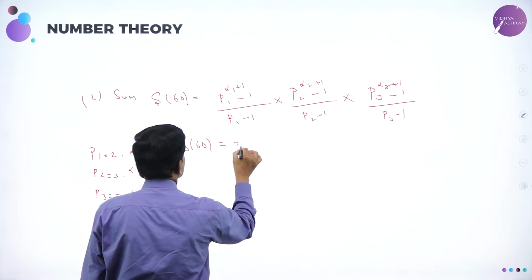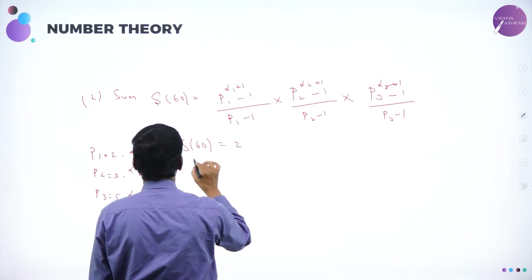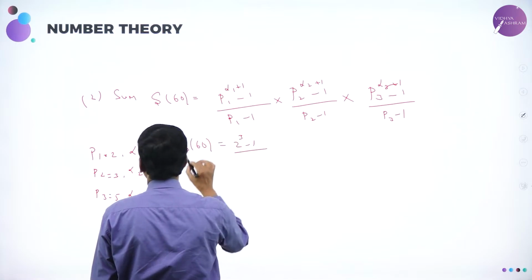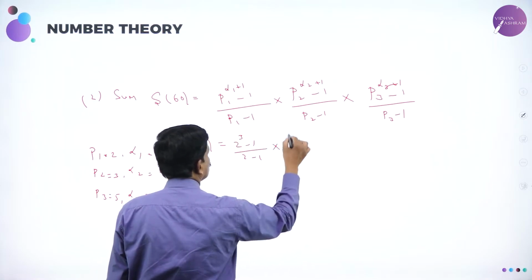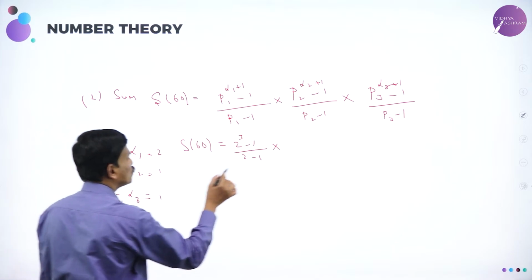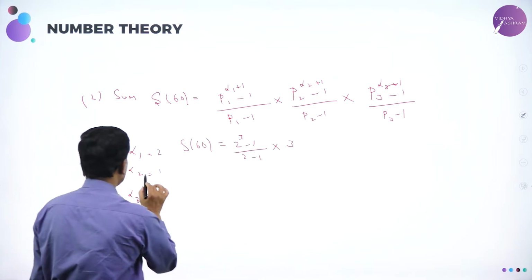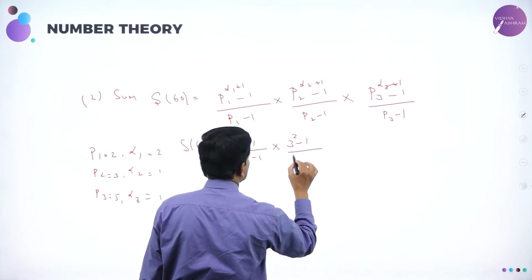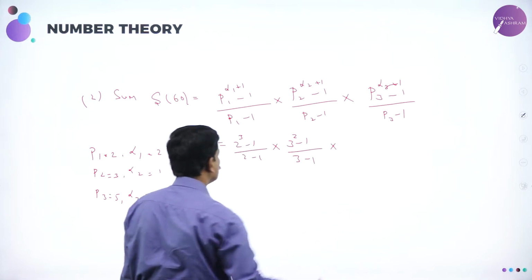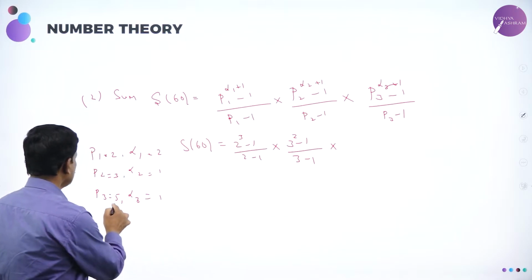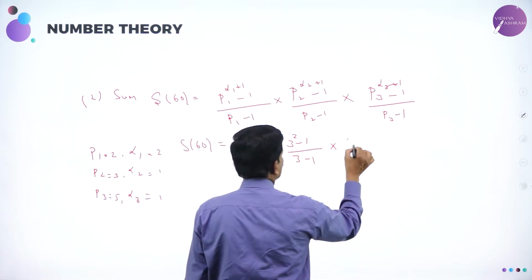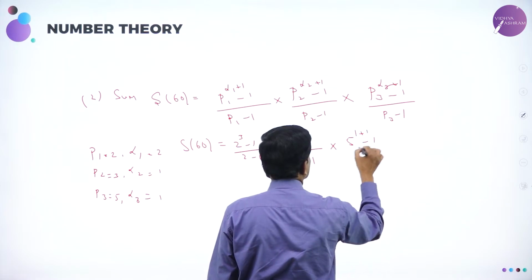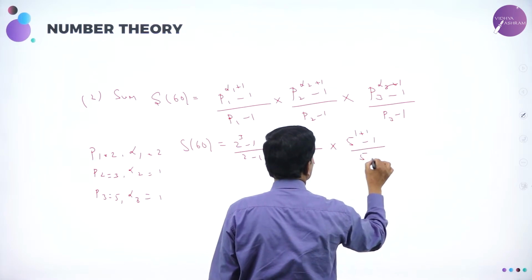P1 is 2 to the power of alpha 1 plus 1, 2 plus 1 is 3, minus 1 divided by P1 is 2 minus 1 into P2. What is P2? 3 to the power of alpha 2. Alpha 2 is 1 plus 1 is 2 minus 1 divided by P2 is 3 minus 1 into P3. P3 is 5 to the power of alpha 3 is 1 plus 1 minus 1 divided by 5 minus 1.